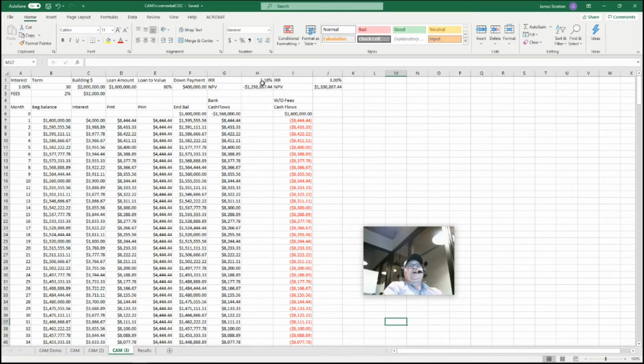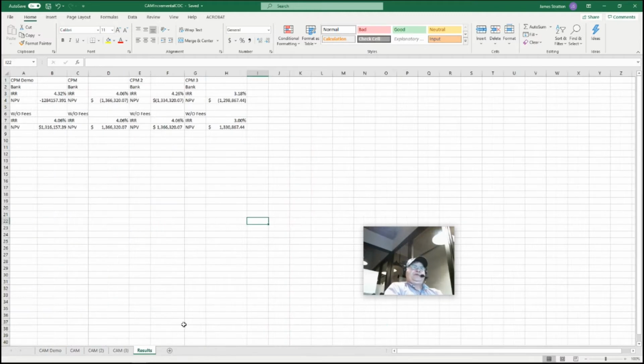Okay, so our cash flows came out different. So the cash flows to the bank are 3.18% because of the fees charged, and of course, without the fees, the effective rate would be 3.0. So you paid 0.18% on that $32,000. That is what that meant over the term of the note.